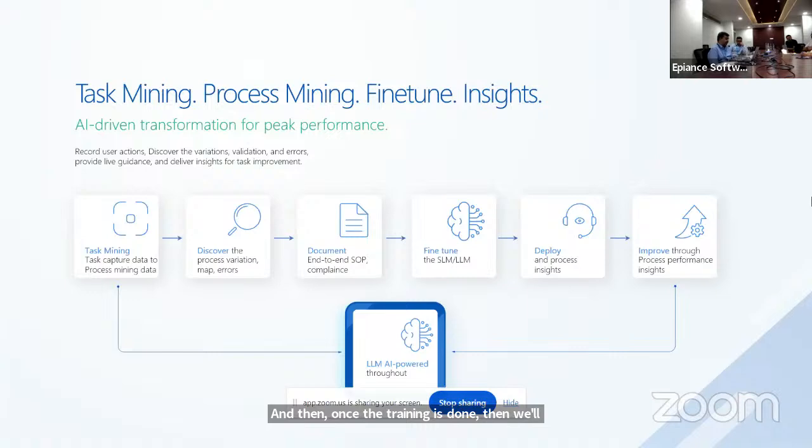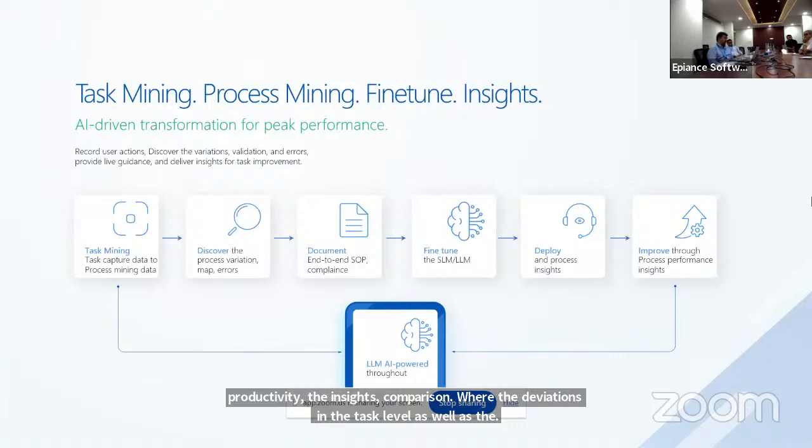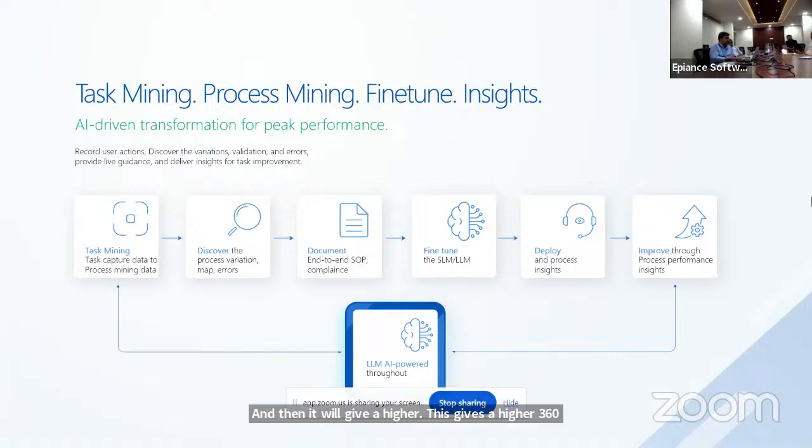From there, whenever questions are asked by the SMEs or business experts, such as where the compliance issues are, we start providing insights. The insights include productivity insights, comparisons, and deviations at the task level as well as the process level. This gives a 360-degree holistic view of the entire process from the department level as well as the functional level.